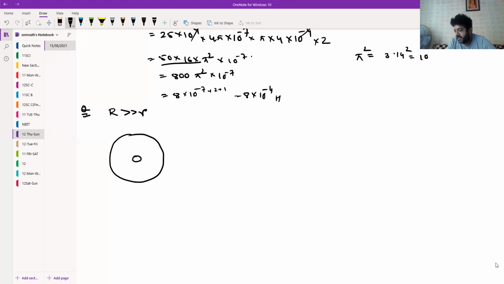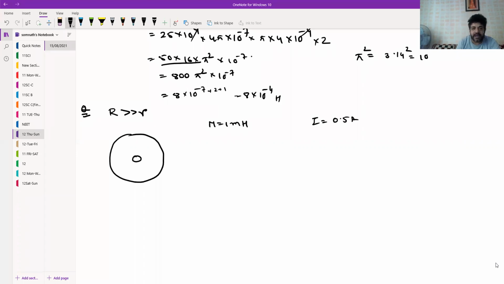If the coefficient of mutual induction of their pair equals 1 millihenry, what would be the flux linked with the large coil when a current of 0.5 ampere flows through the smaller coil?